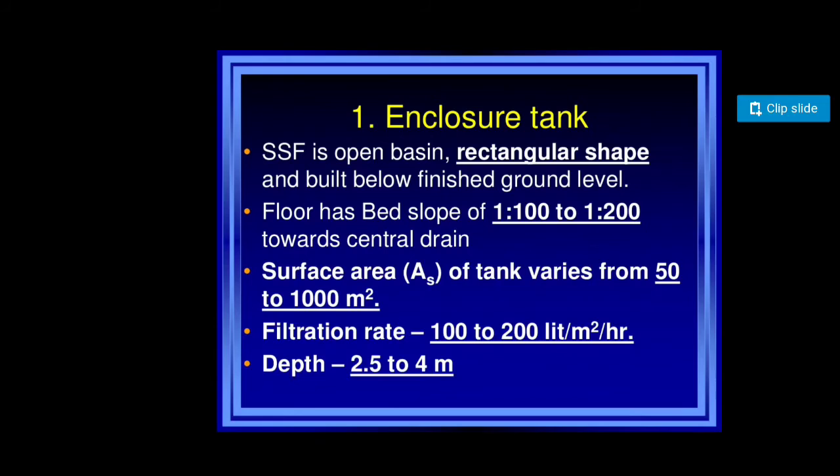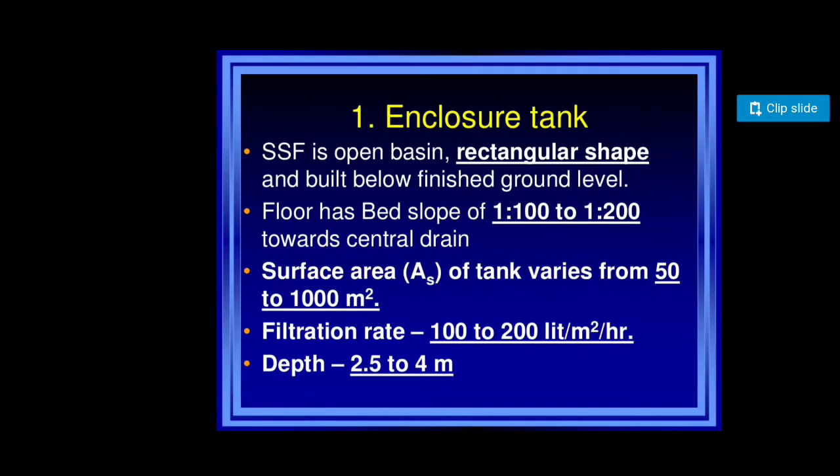With the value of discharge, we can find out the surface area, and the surface area of the tank is very large. The footprint of a slow sand filter is very large, between 50 to 1000 meter square. So we always have to provide multiple slow sand filters to accommodate that area.